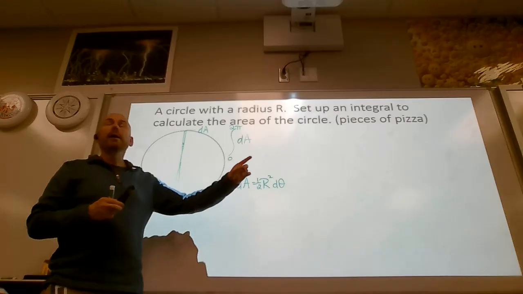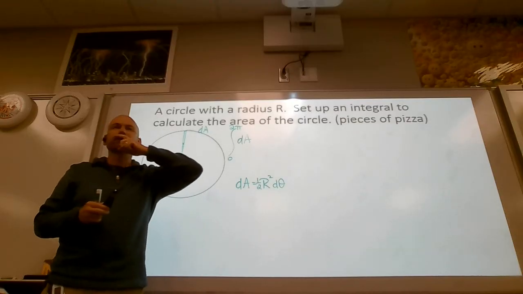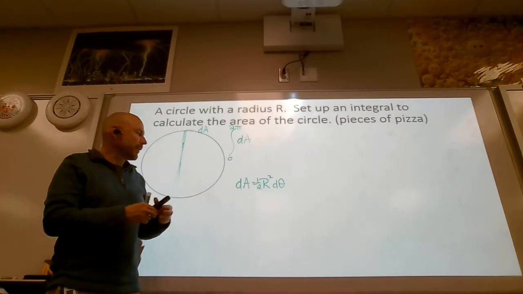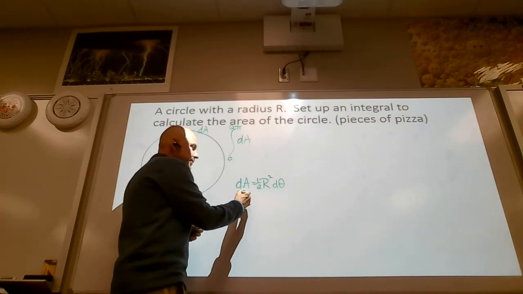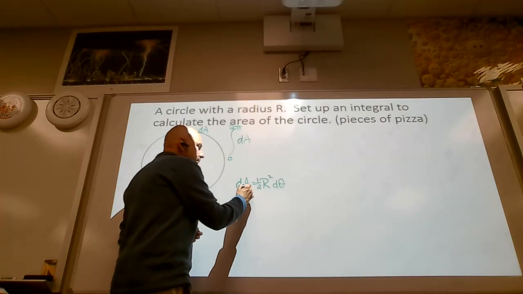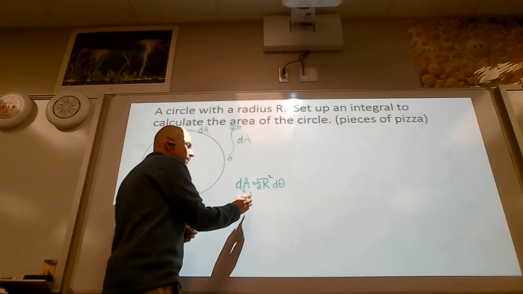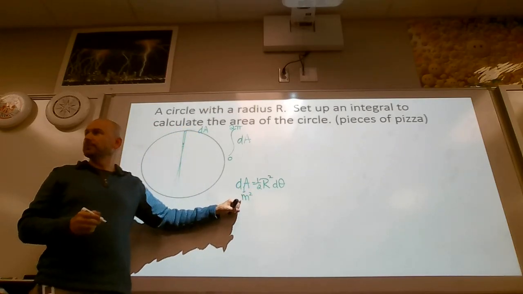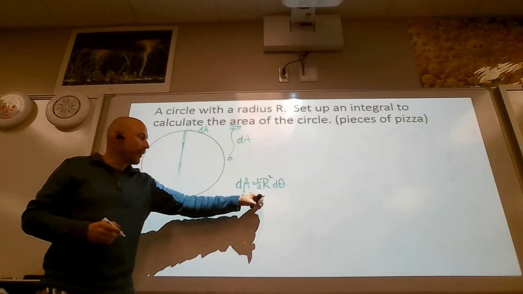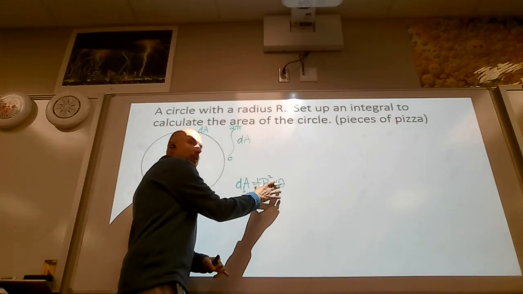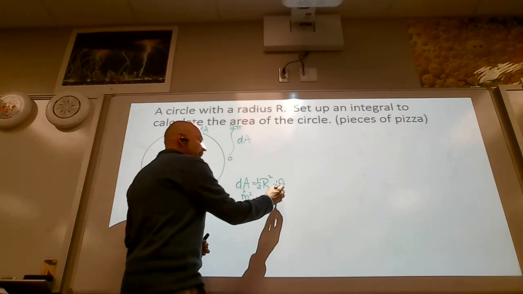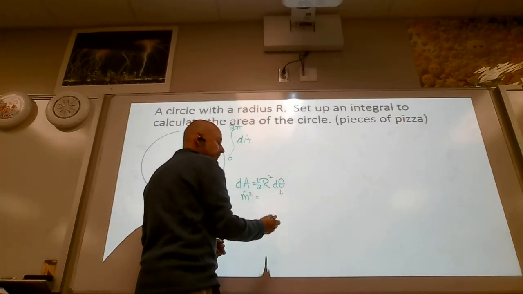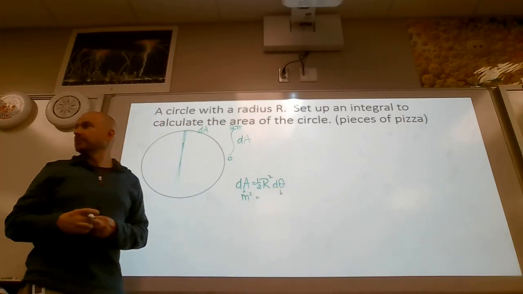Here's a really important thing. Watch this, guys. This is crazy important. This has an area, a unit of meters squared. This also has to have a unit of meters squared. Has to. Okay. Theta is unitless, radians.